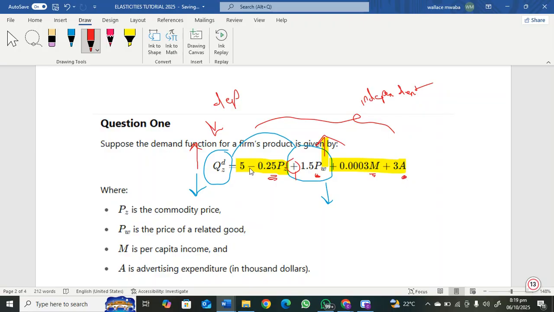These signs, this minus, this plus, and this plus, illustrate the relationship between quantity demanded and each variable, ceteris paribus. If we hold the other variables constant, this is what I mean.